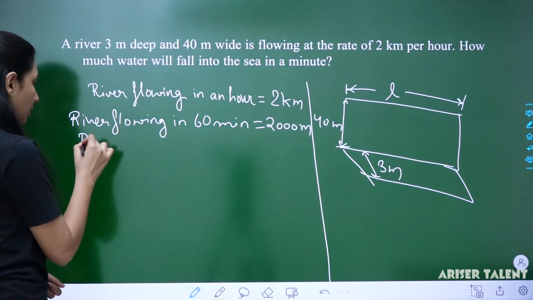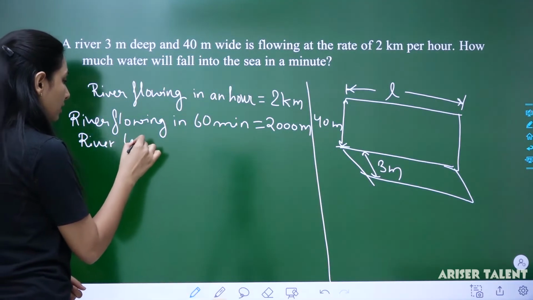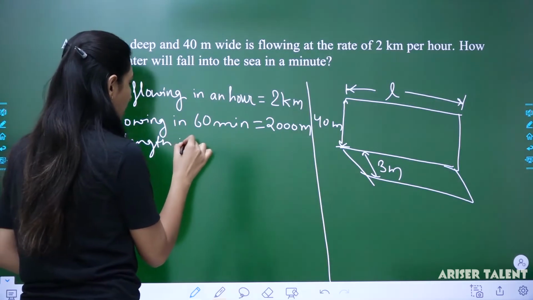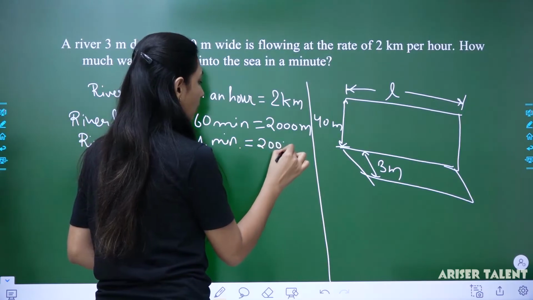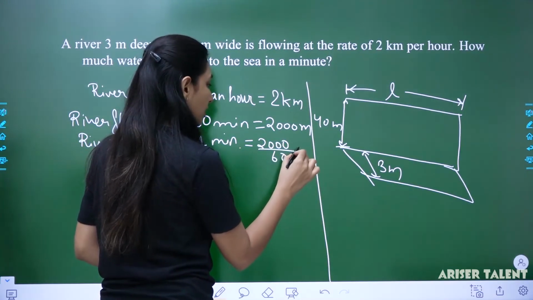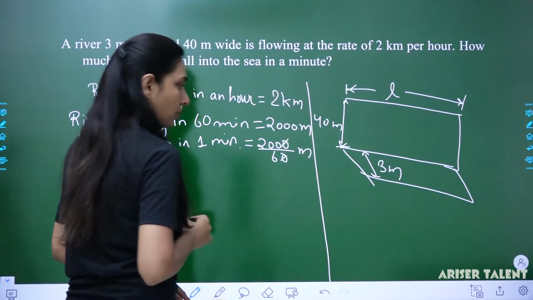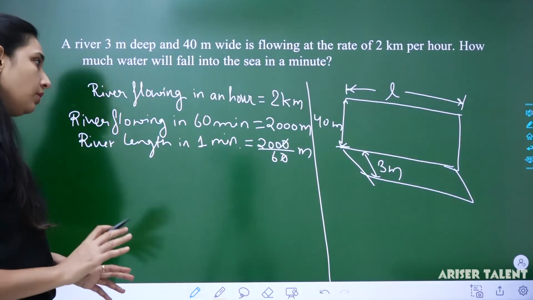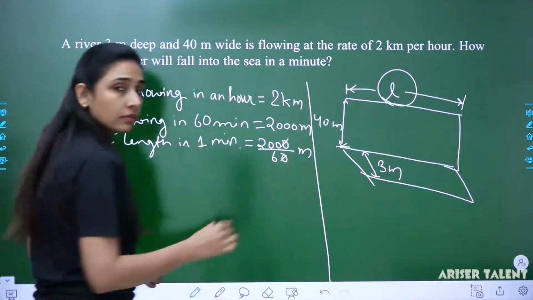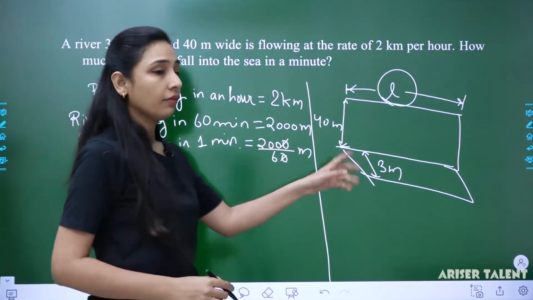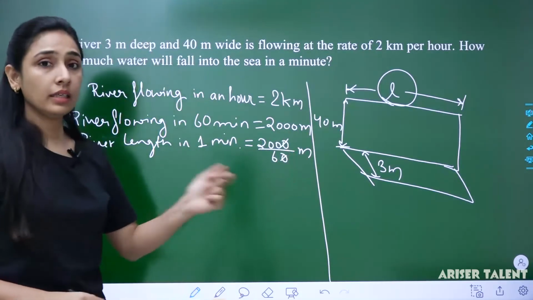That means the river length in 1 minute will be equal to 2000 upon 60 meters, or 200 by 6. Okay, now that will be the length, and you have been provided with the width and the depth of it.